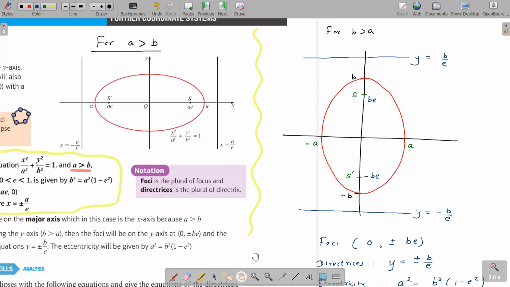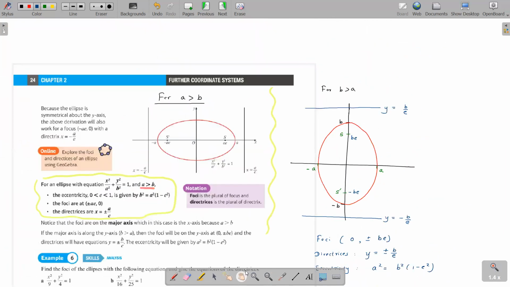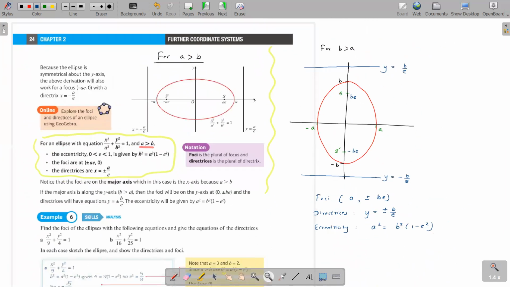If you check your formula book, they have given you the directrices, the foci, and the eccentricity equation for when x is the major axis. In the F3 section you will have the table drawn and given. When you check the table, you will see that they have only given the equations when a is greater than b.